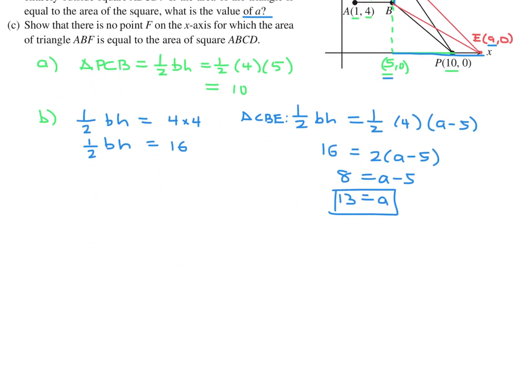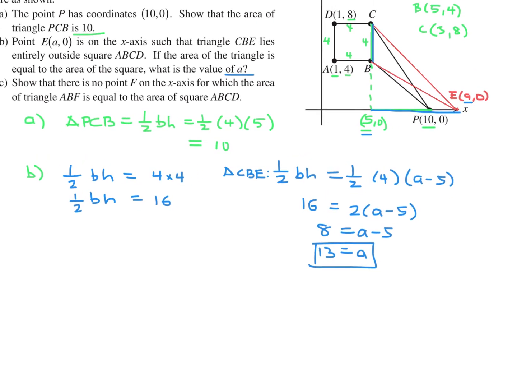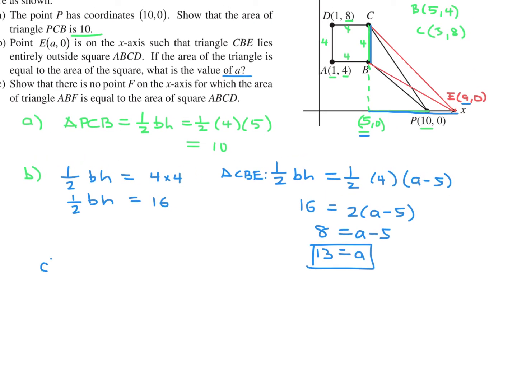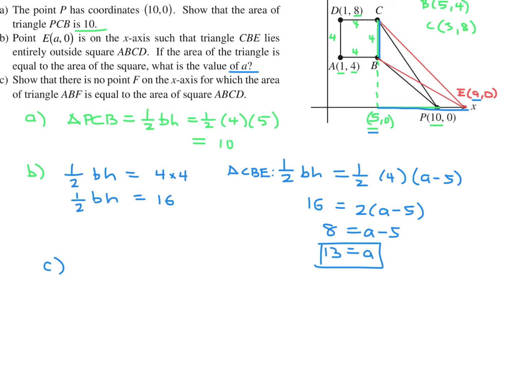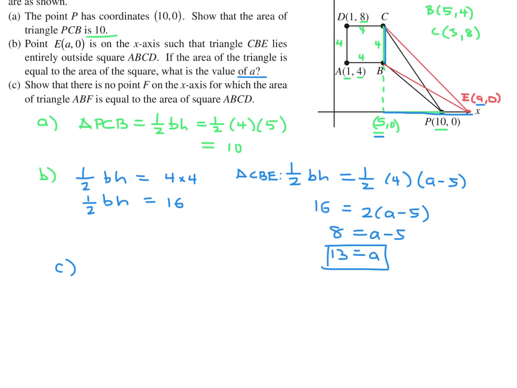And part C. Let's see here. Show that there is no point F on the x-axis for which the area of triangle ABF is equal to the area of ABCD. All right. So they're introducing another guy here, an F. Okay, so they're saying it's somewhere on the x-axis.